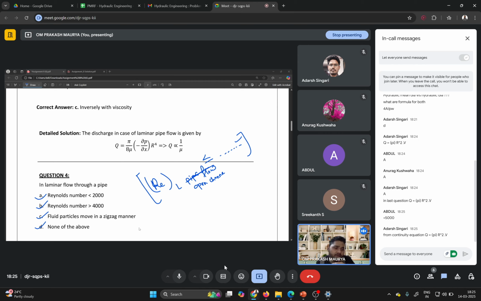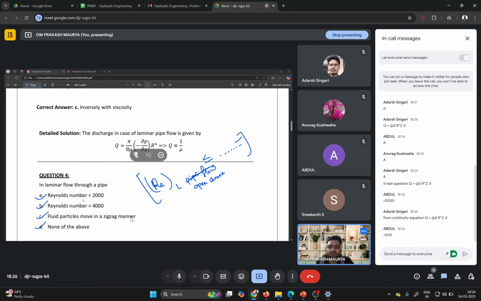Okay, you are telling from the continuity equation we can write Q is equal to pi r square V. Well, Abdul is telling 500.